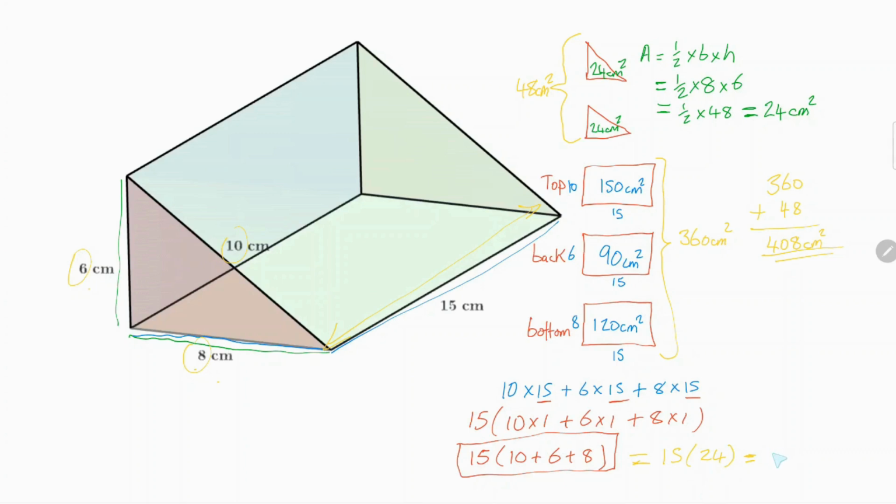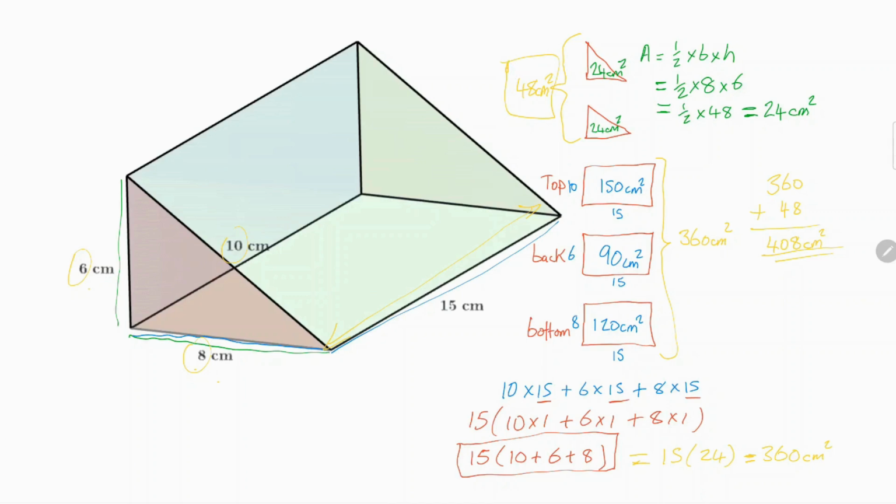So 15 times 24 is 360 centimeters squared. So I think it might be easier to do this calculation than draw out each rectangle, multiply them, then add them. So we just add the sides of the triangle together, multiply it by the length, and then we get the total area of all three rectangles. But we still have to add the area of the triangles here.